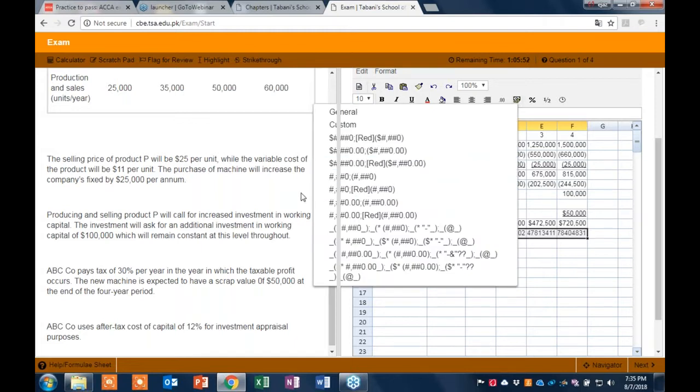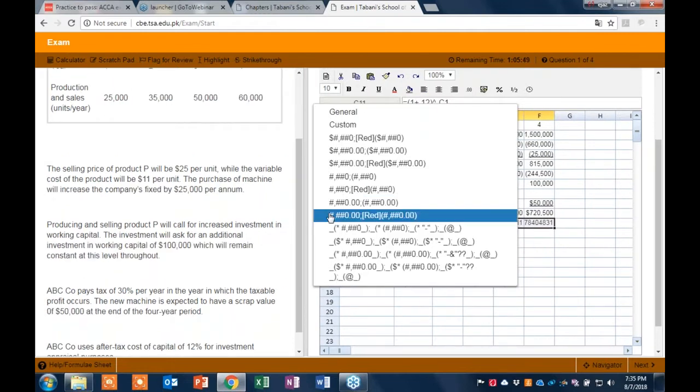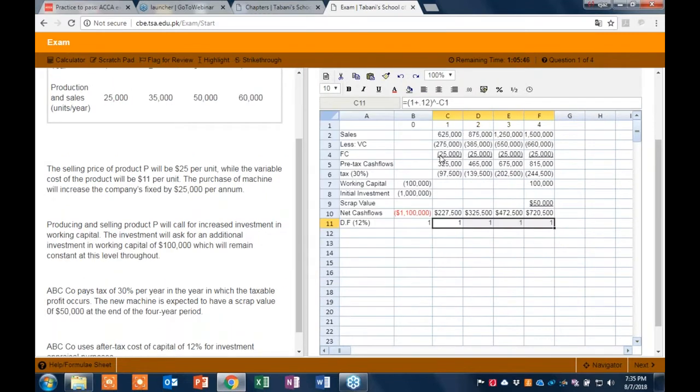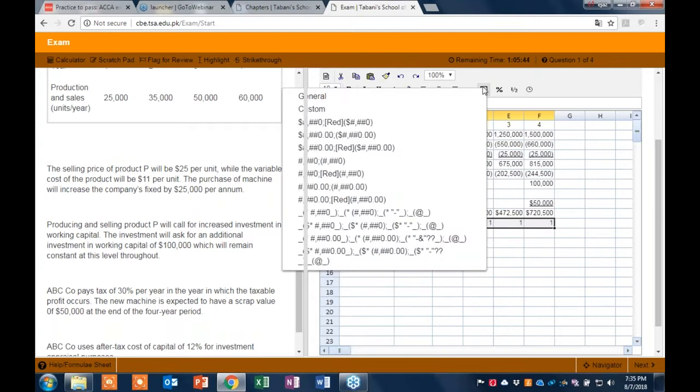If I go to this, I have to go to the format which will show decimal places, and it's better to show at least 2 decimal places.